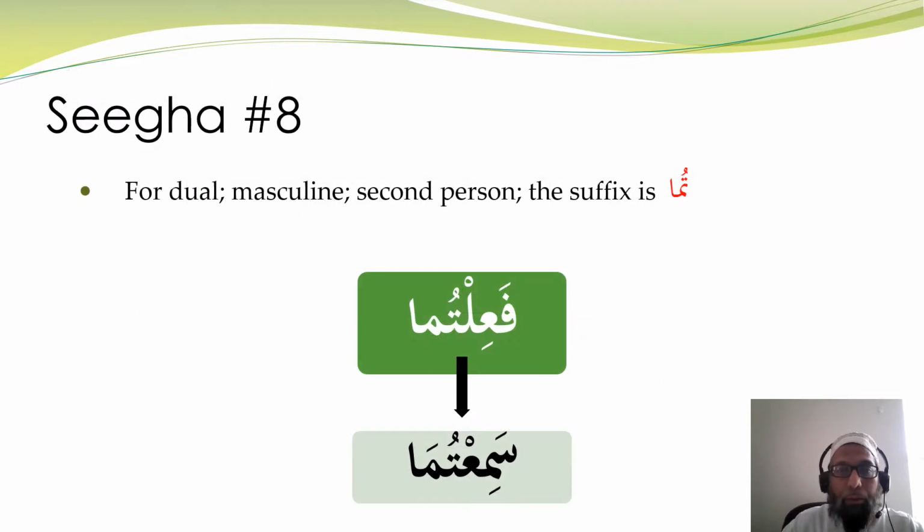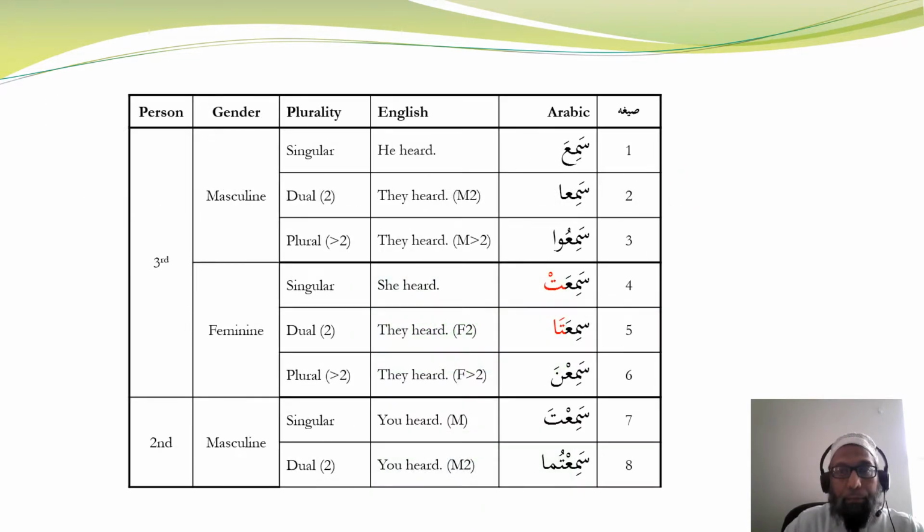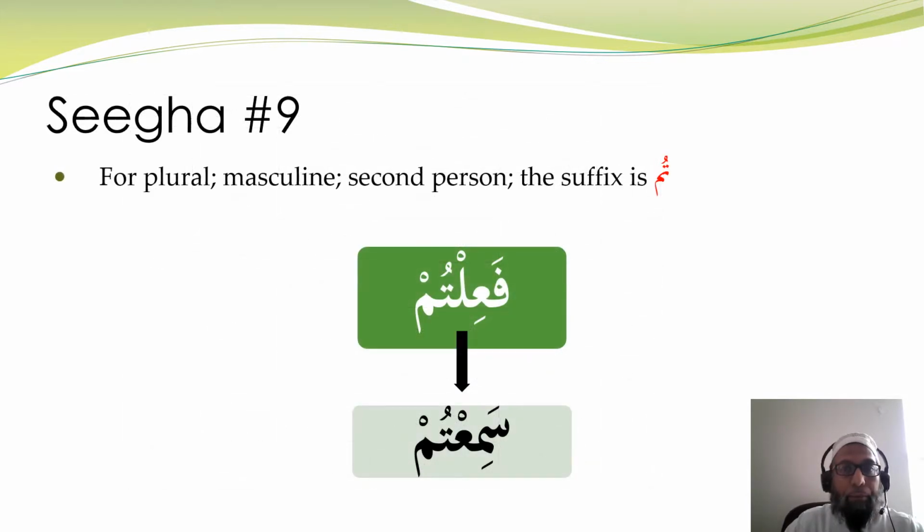And then sami'tuma, on the pattern of fa'iltuma. You're going to add tuma at the end. Fa'iltuma, sami'tuma. Again: sami'a, sami'a, sami'u, sami'at, sami'ata, sami'na, sami'ta, sami'tuma. Then fa'iltum, sami'tum, for the plural masculine second person.